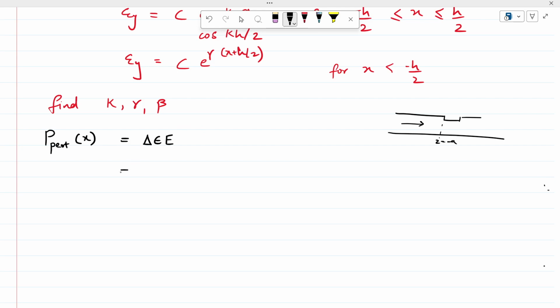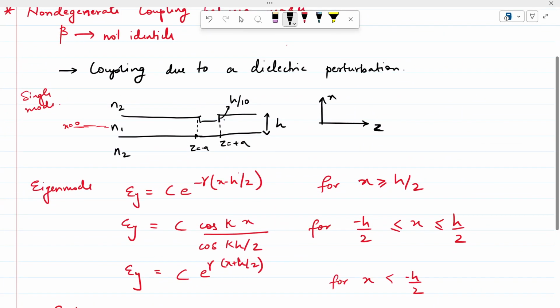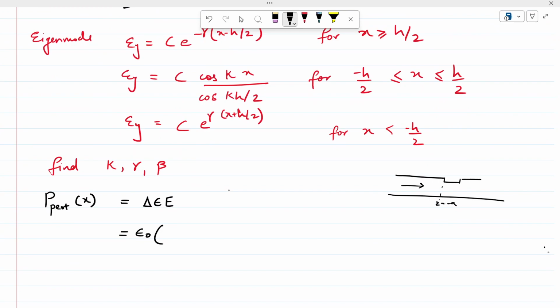So let me just write this down. So what will be the delta epsilon? It will be the permittivity of free space times, now what is the change in the refractive index? The refractive index should have been n1, but it has become n2. So the change should be written as n2 square minus n1 square.